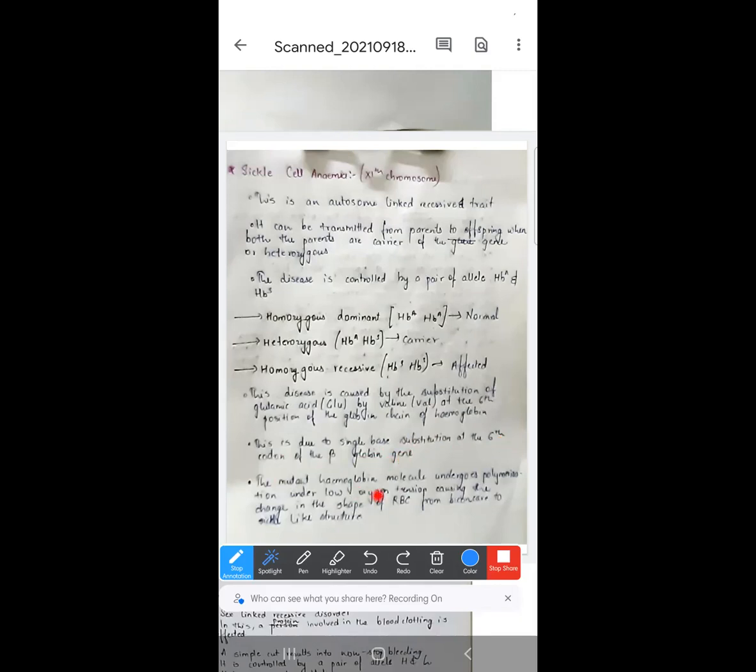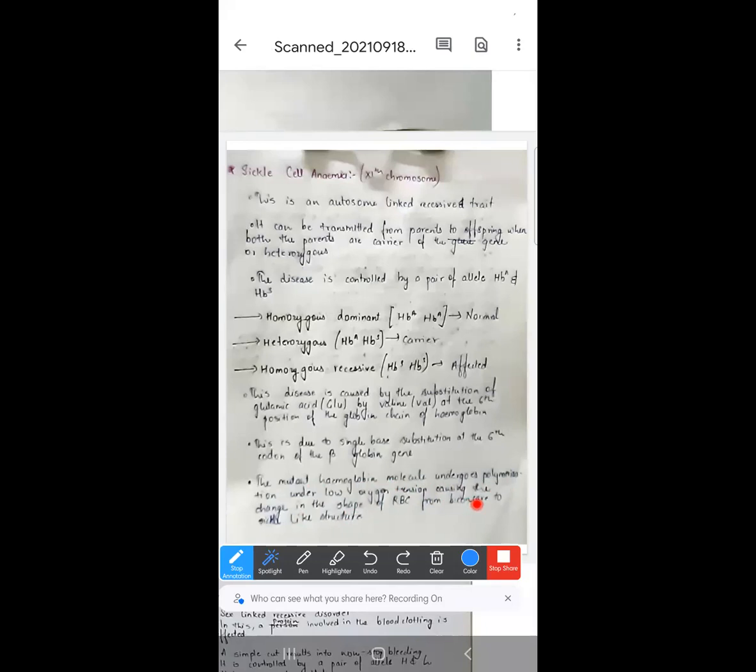The mutant hemoglobin molecule undergoes polymerization under low oxygen tension, causing the change in the shape of the RBC from biconcave to sickle-shaped.